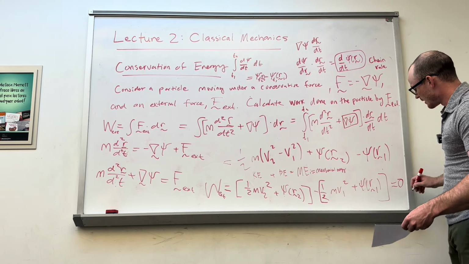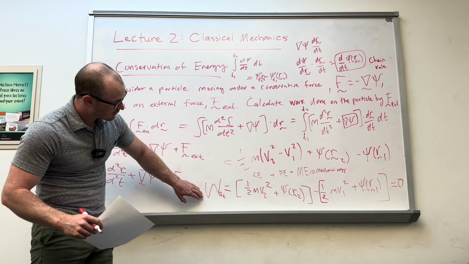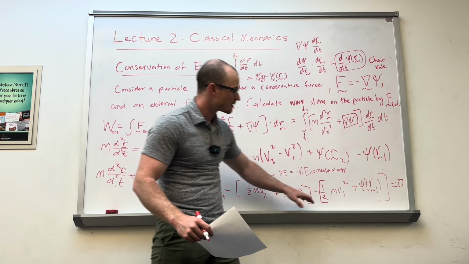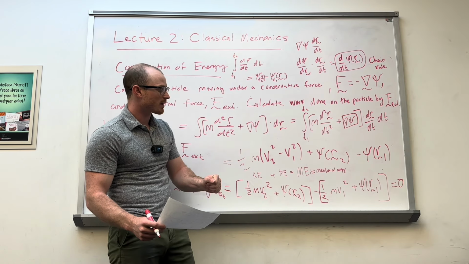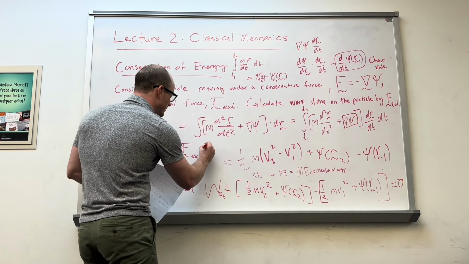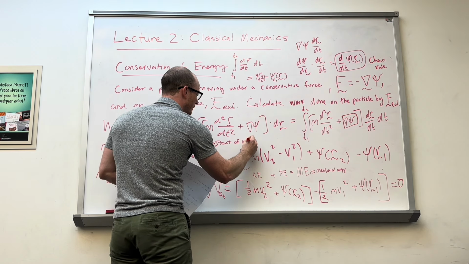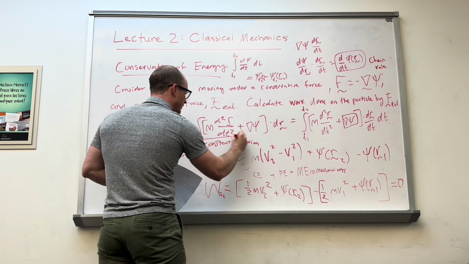Because that's the case, we say that the mechanical energy, E, is a constant of motion. So basically, by showing here that the work done by an external force is this difference, and if there is no external force, the mechanical energy doesn't change between the initial and final states, we call this a constant of motion. So the mechanical energy is a constant of motion.